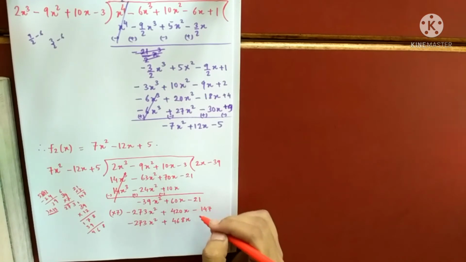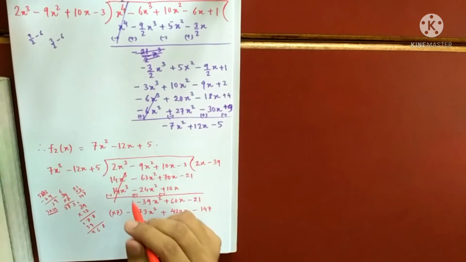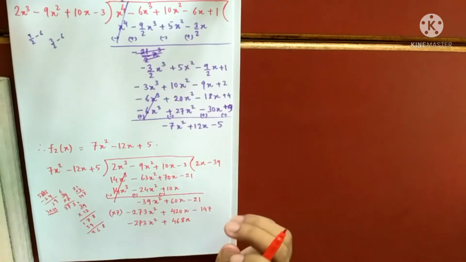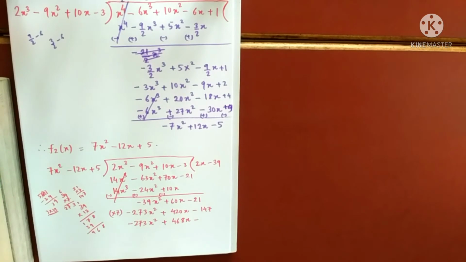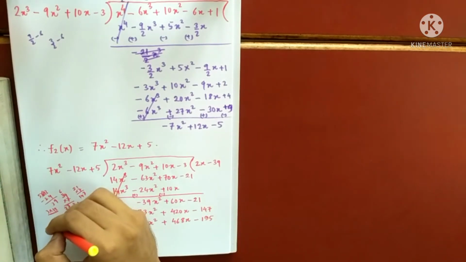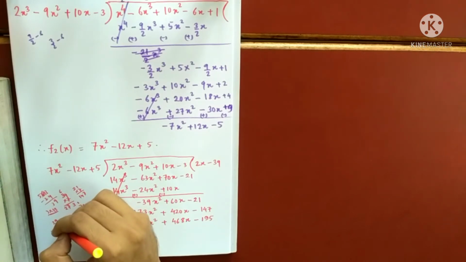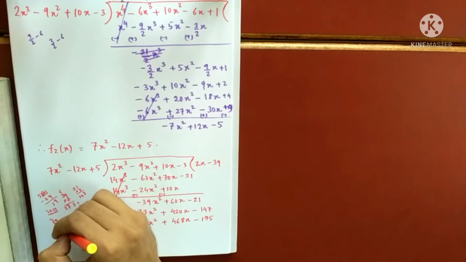And then 5 into 39: 5 9s are 45, 5 3s are 15, 195.